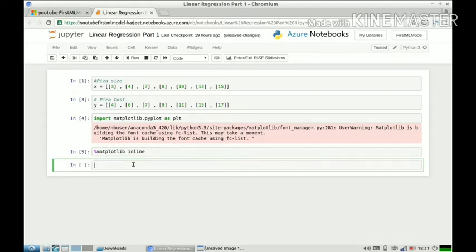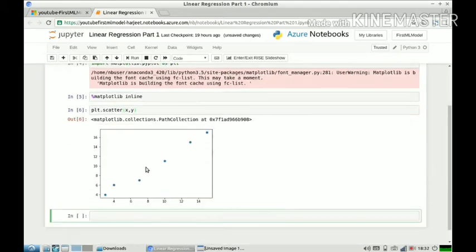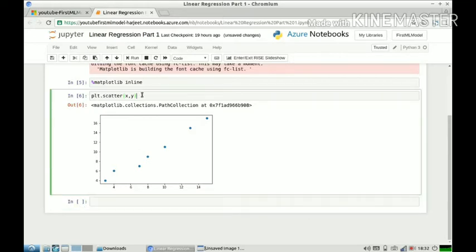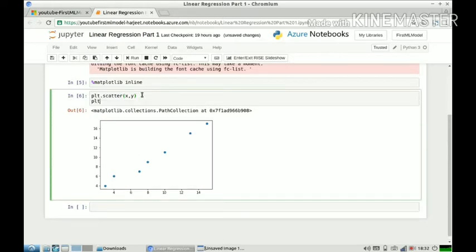So now let us plot our data: scatter x comma y. Cool. This is a plot of our data. You can see that there is a linear relationship here. So let me label the x-axis and y-axis. I always forget about this thing. On the x-axis, we have pizza size.